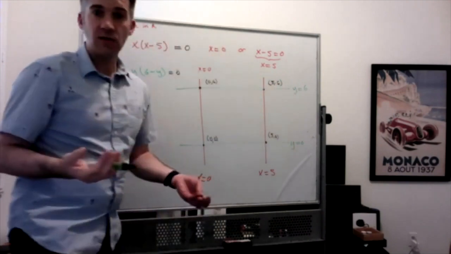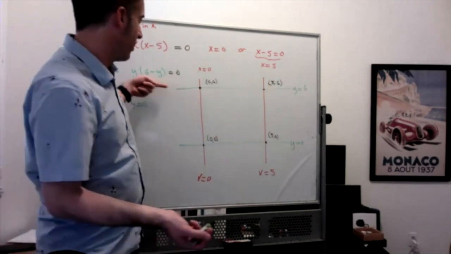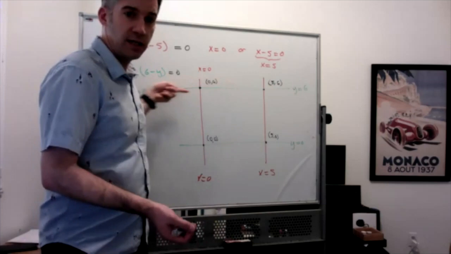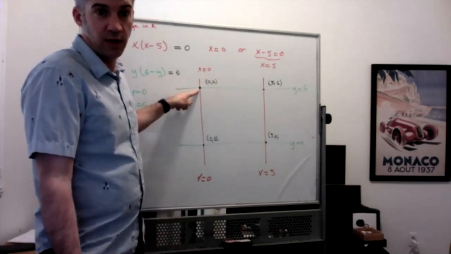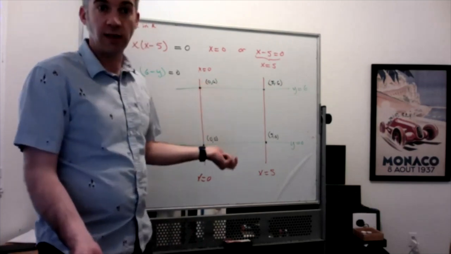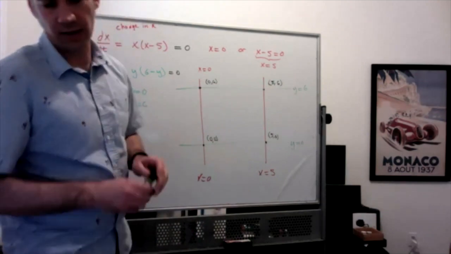It makes sense that you get equilibria where the nullclines cross because you're just finding the points where both dx/dt is equal to 0 and dy/dt is equal to 0. That point right there is where both are true at the same time. So any point where an x nullcline and a y nullcline cross is an equilibrium point.